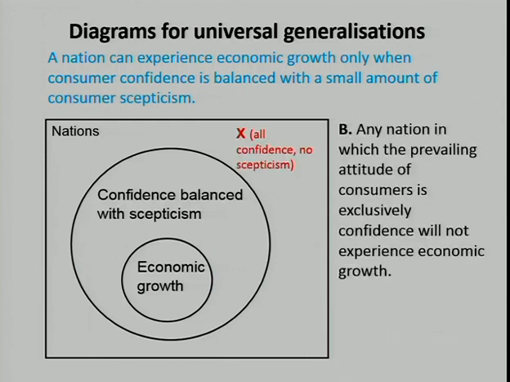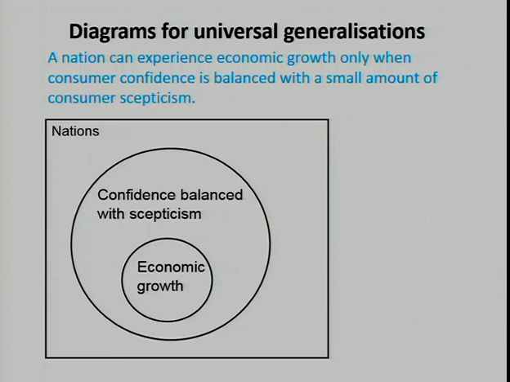And then if we look at those two examples, we can already see that B, the correct answer, is just plain outside of the circle, right? In B, we have a nation that has all confidence, no skepticism, so it can't form part of the smaller circle.